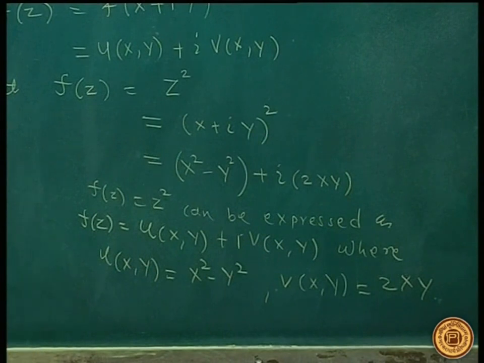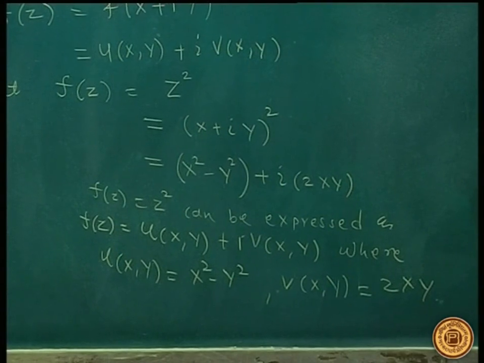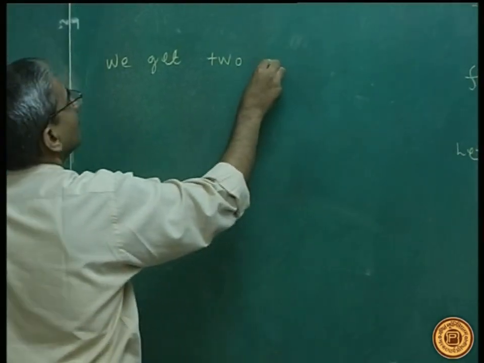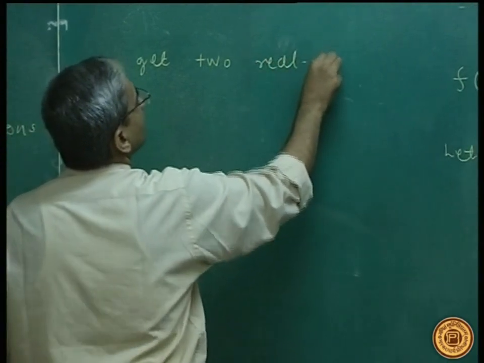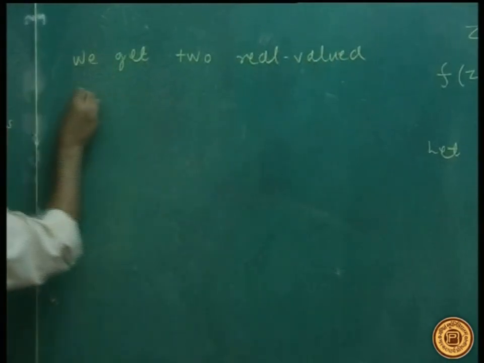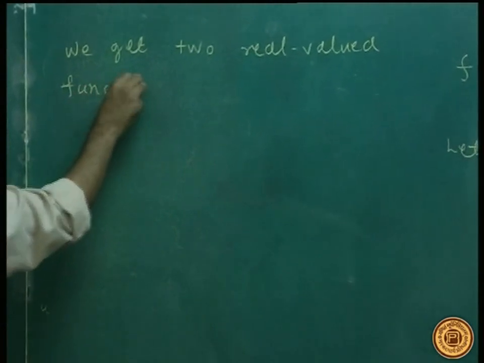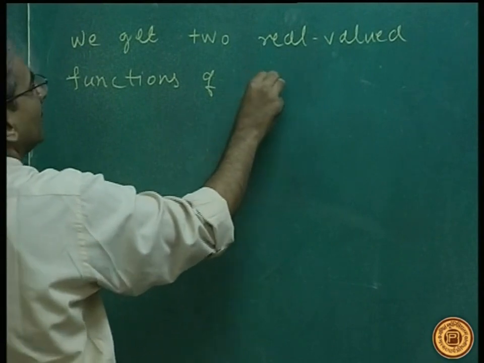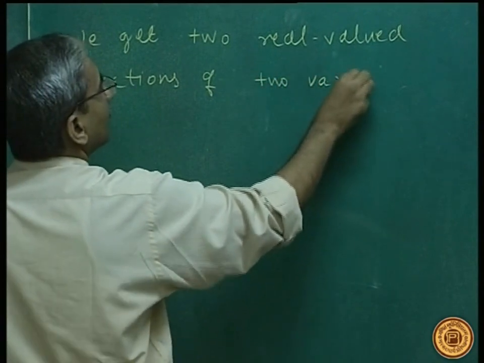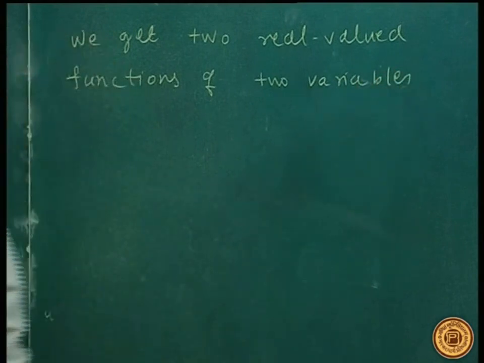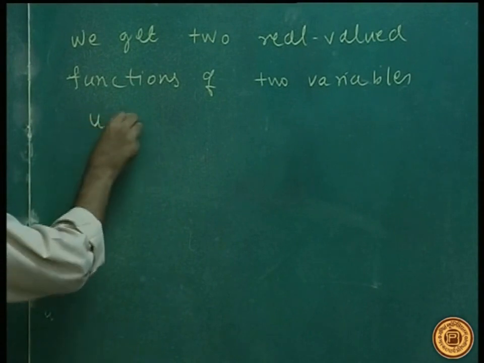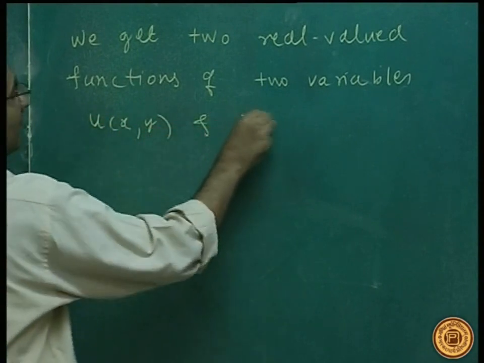So we get two real valued functions of two variables, u(x,y) and v(x,y).